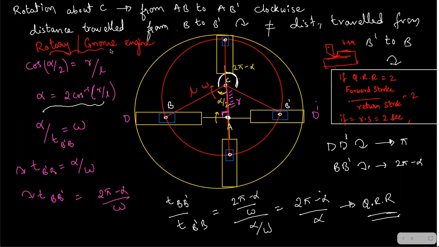So this mechanism is used in rotary or GNOME engines. And the only condition here is what? R should be less than L and crank is fixed. So this is another inversion of your single slider crank chain. But here you're using a number of connecting rods and a number of sliders.